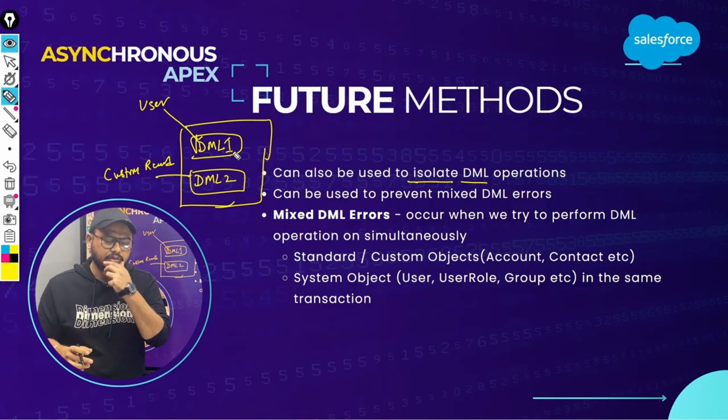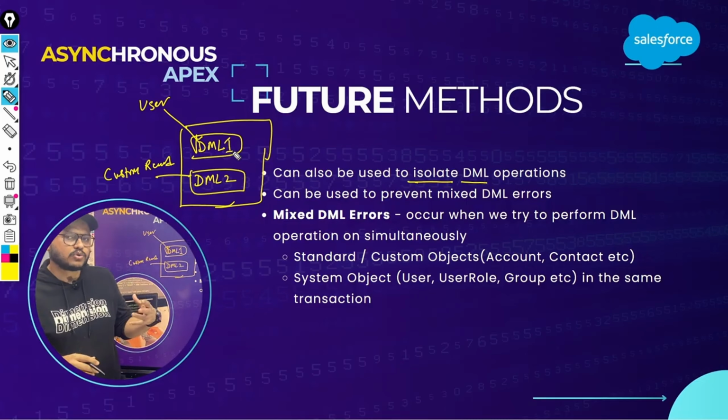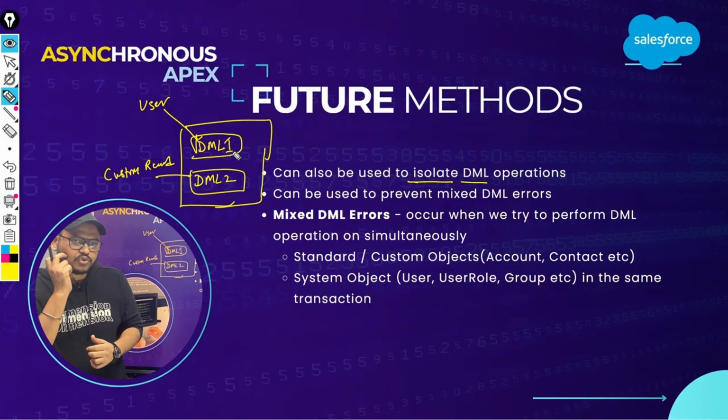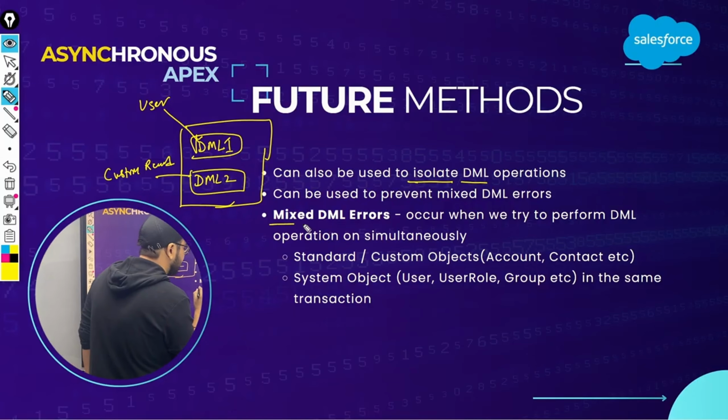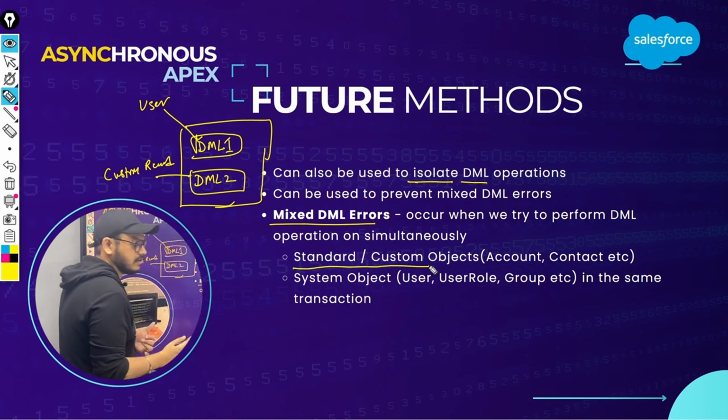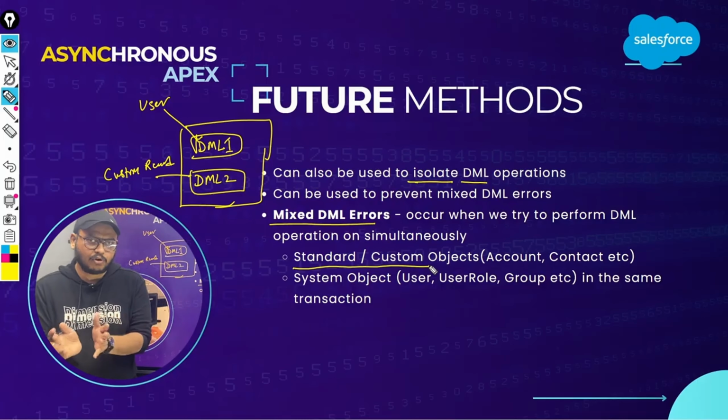If I'm trying to do these two things in the same Apex code, same method, then what happens usually, Salesforce throws a mixed DML error. The mixed DML error basically occurs when we try to perform DML operation simultaneously on two types of objects. So one object can be a standard or custom object.